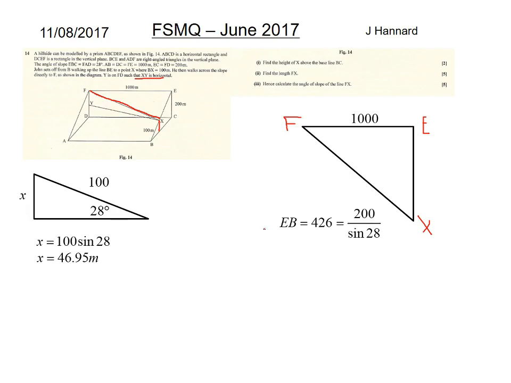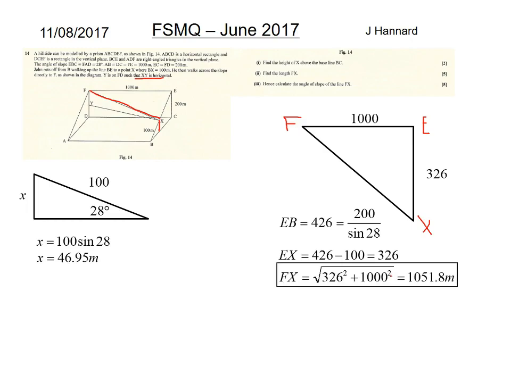So I did some trigonometry to work out what EB was. So therefore EX must be 426 minus 100 because that's just that bit there. And that's going to be 326, which is that. And then it's simply just a case of Pythagoras for FX, which is that. So it's 1051.8 meters for FX.